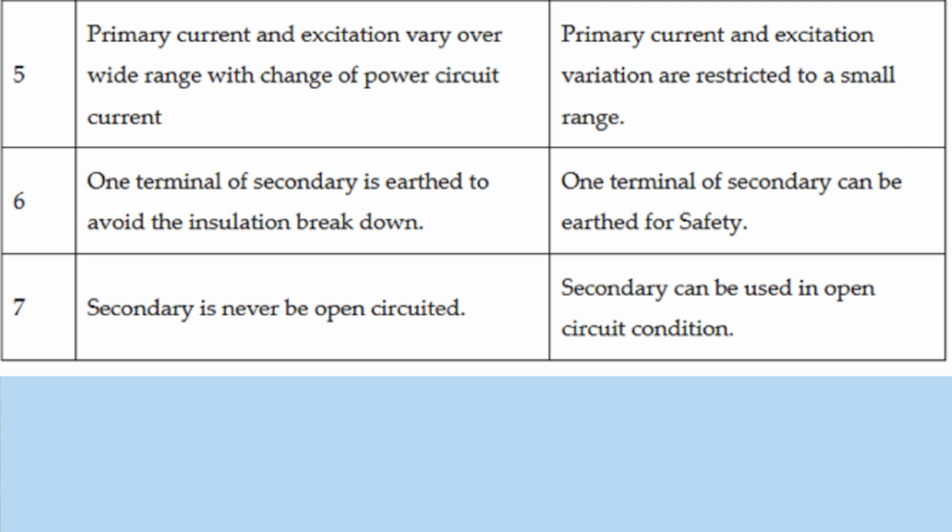We all know that we cannot operate the current transformer with the secondary open circuited due to insulation and safety concerns, and in case of potential transformer, the secondary can be used in open circuited condition. So these are all the basic differences in the working or principle of a current transformer and potential transformer.